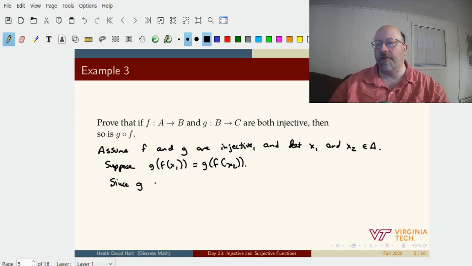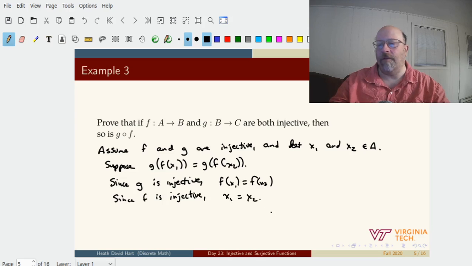Since G is injective, this means we can cancel the G's, and we get f of x1 equals f of x2. And since f is injective, then we can cancel the f's and get x1 equals x2.